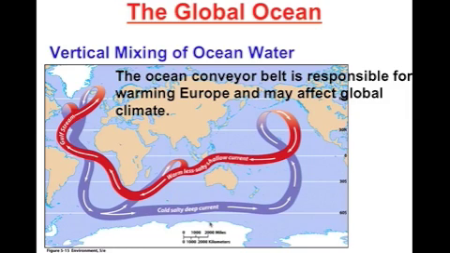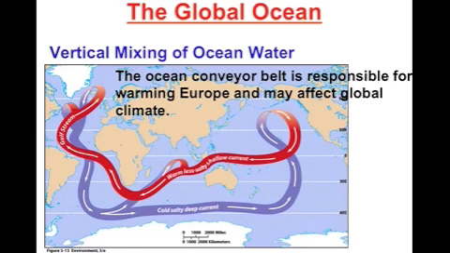And the movement of these shallow and deep currents is shown in this diagram. The ocean conveyor belt can affect regional climates. As you can see right here, the Gulf Stream is pushing warm water from the equator up north into Europe, and it actually has a warming effect on Europe's climate.